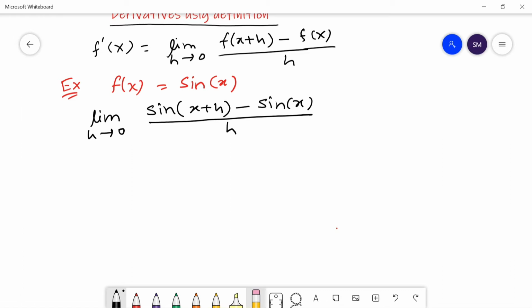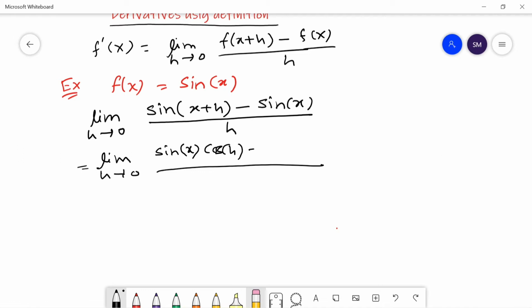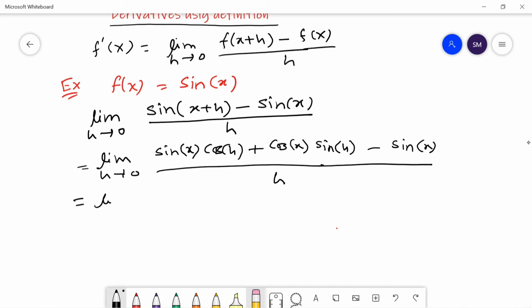We can use two methods to expand this. So this can be written as limit h tends to 0 of sin x cosine h plus cosine x sin h minus sin x over h.